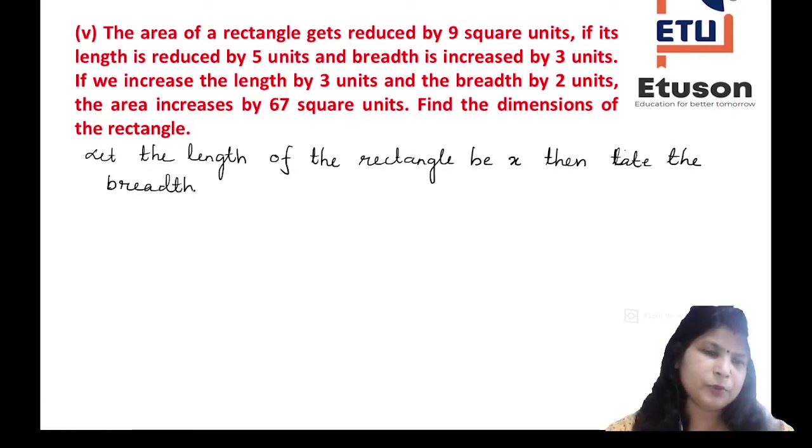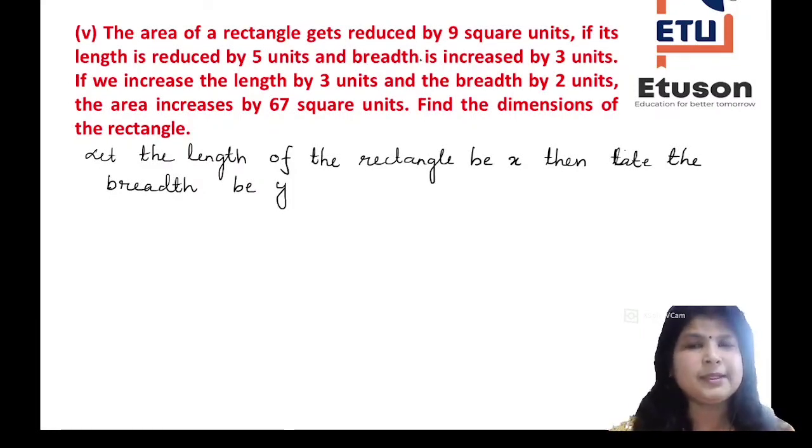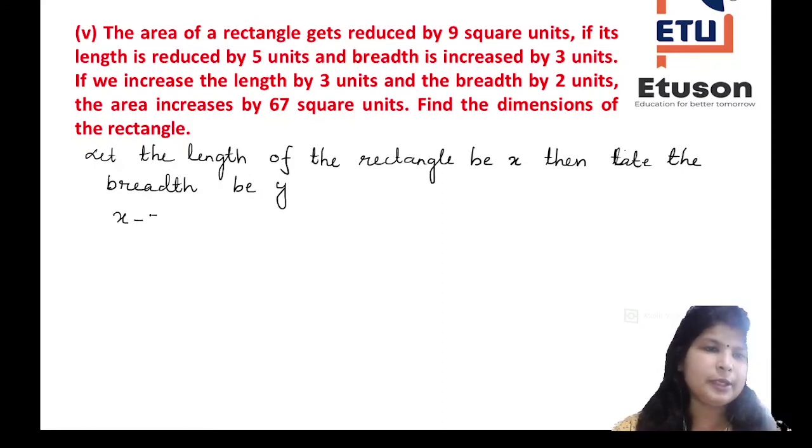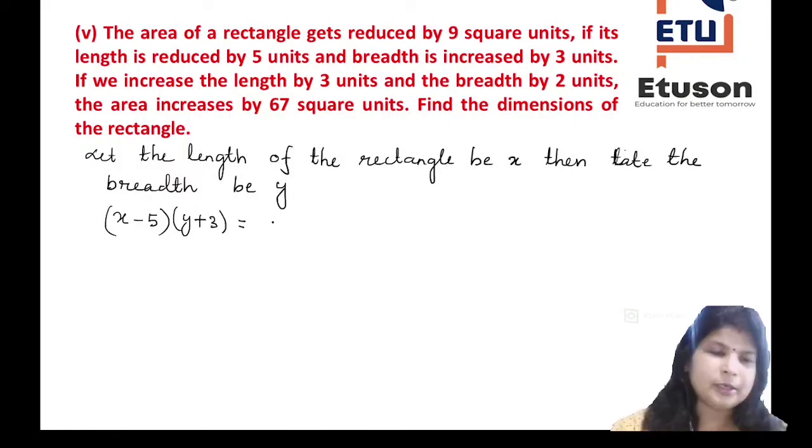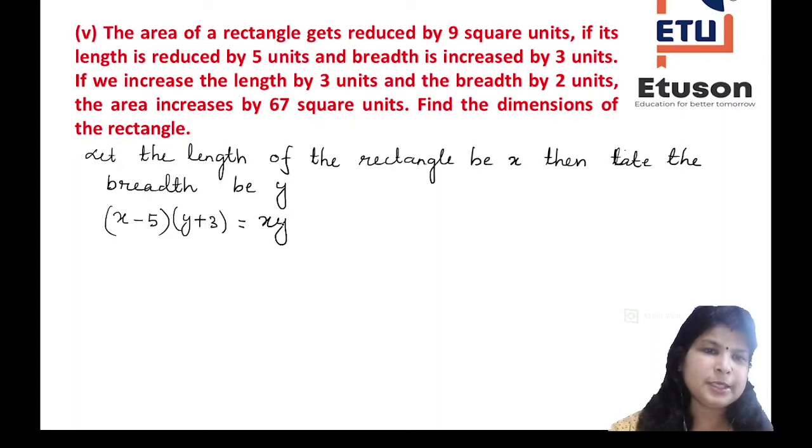From the first statement, the area is getting reduced. What will be the area if length is x and breadth is y? It will be xy. If the length is reduced by 5, what will be the length? x minus 5. If breadth is increased by 3 units, what will be the new breadth? y plus 3. And so, what will be the change in the area?